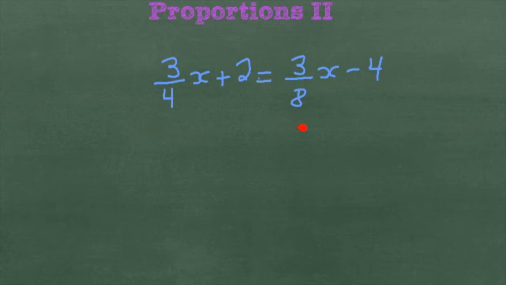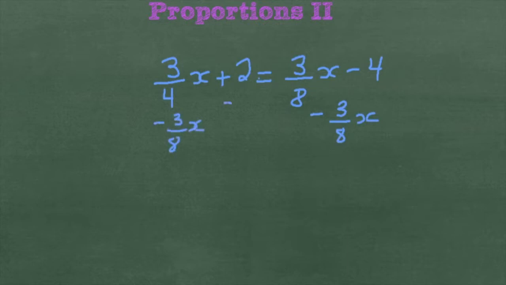When you're doing regular equations, when you have x on either side of the equal sign, what you normally tend to do is bring your x's onto one side and your coefficients without x's on the other side. So that's what I'm going to do in this example. I'm going to subtract 3 over 8x on both sides.